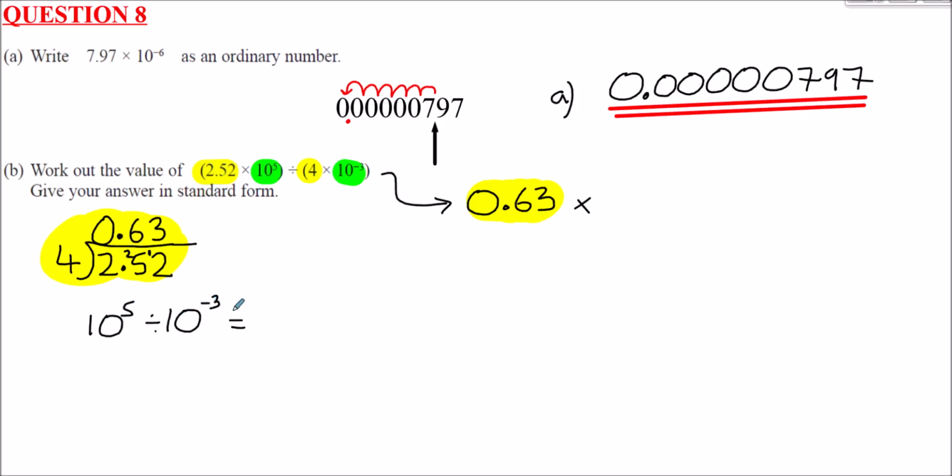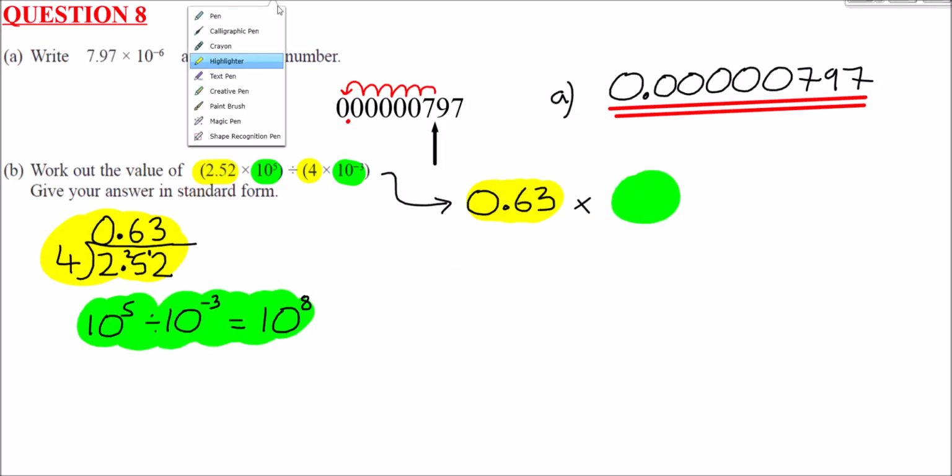So the new power is going to be 5 minus 3. 5 minus 3, minus and a minus together make a plus. 5 plus 3 means the new power of 10 is going to be 8. And so what we're going to have next is this 0.63 times 10 to the 8.